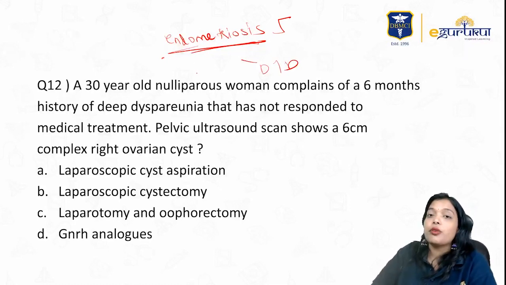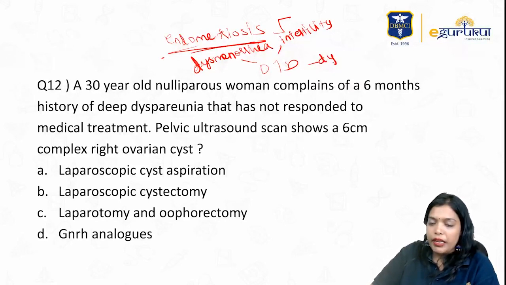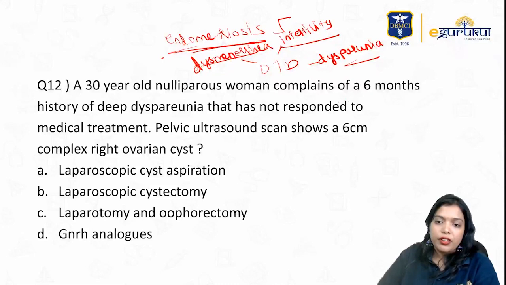Dysmenorrhea, secondary dysmenorrhea or progressive dysmenorrhea or congestive dysmenorrhea, infertility and dyspareunia. So dysmenorrhea, infertility and dyspareunia, right?